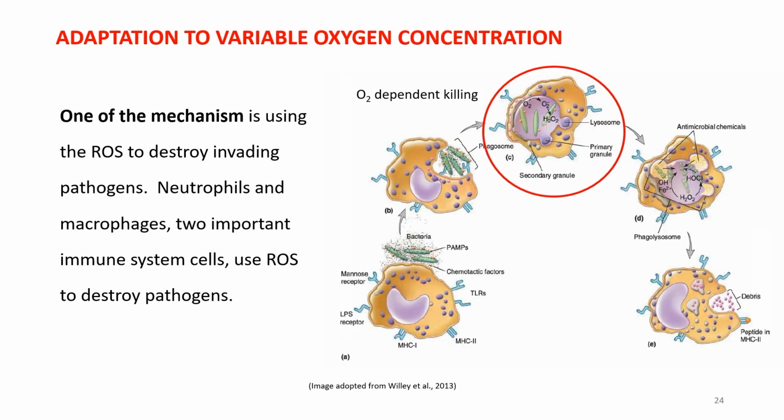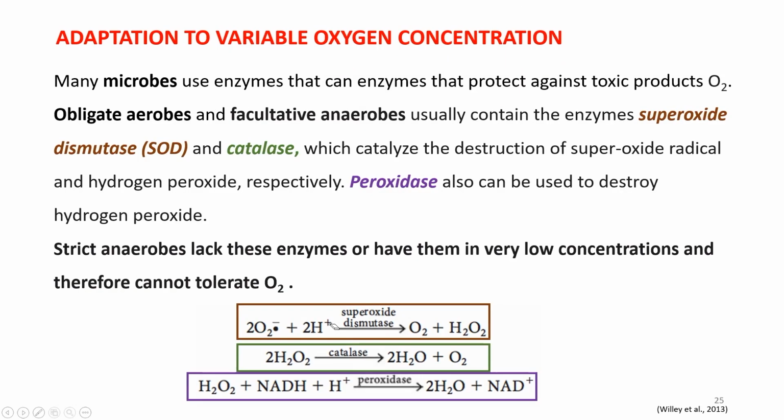One of the mechanisms is using the ROS to destroy invading pathogens. Neutrophils and macrophages, two important immune system cells, use ROS to destroy pathogens. Here we call it oxygen dependent killing.